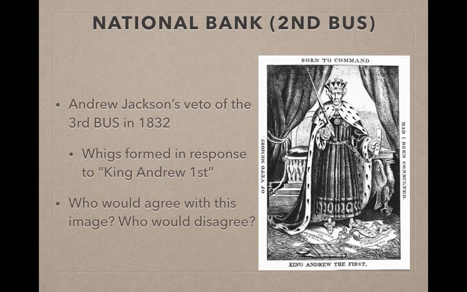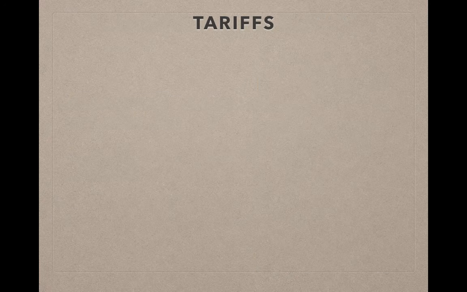So obviously, the creator of this cartoon would most likely sympathize with the Whigs and would not sympathize with the Democrats. So maybe a northern banker would love this cartoon because it is criticizing Andrew Jackson, but maybe a farmer who was refused a loan by the Bank of the United States would disagree with this because they thought Andrew Jackson was good for killing the bank.